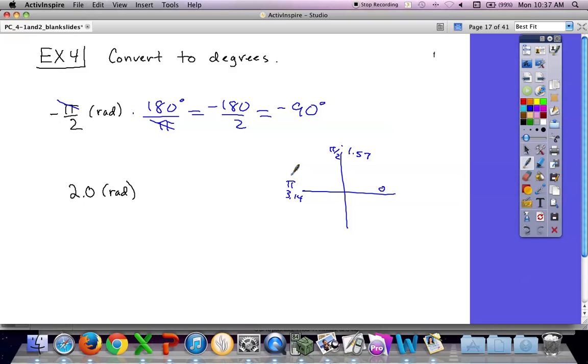Okay, now, what do I multiply by? Times 180 divided by pi. And now there's no pi to cancel. You just have to put it all in the calculator and see what's the decimal value there. What is 2 times 180 divided by pi? It's like 116. Use your calculator.